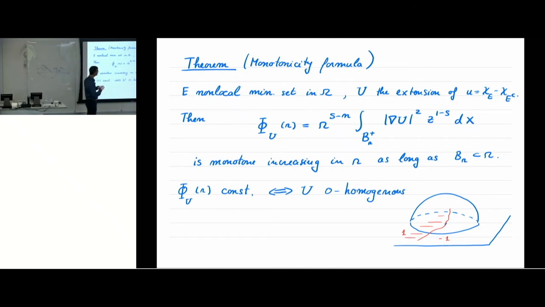And this cannot be seen if I wouldn't do the extension. If I wouldn't do the extension, it would be very difficult to say what this is in the original variables, while in the extended variables, there's something clear. So this is, I would say, a very important point when we talk about non-local minimal surfaces, that the extension variable allows one to do the monotonicity formula, which is crucial in getting further regularity.